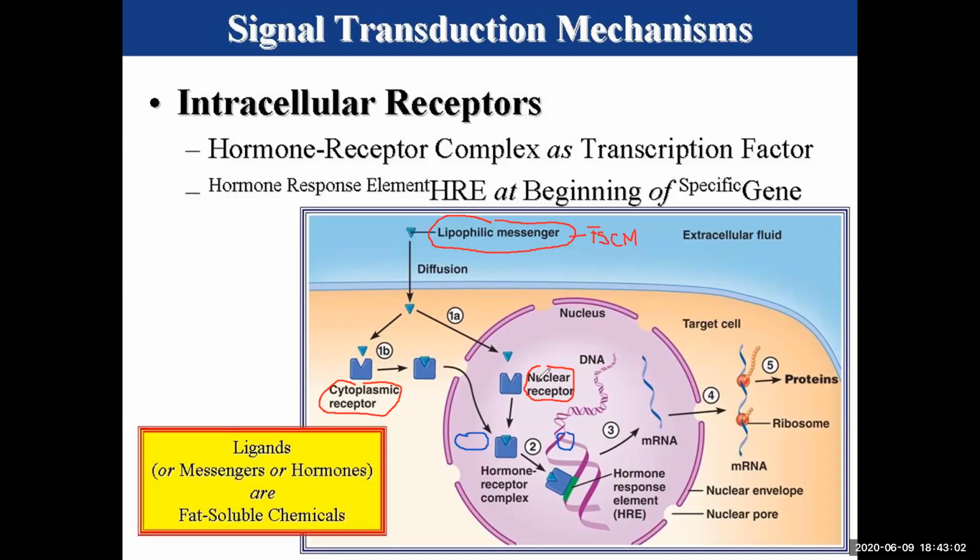So they have the receptor, they can bind to the receptor, and together, here, when they have the hormone receptor complex, they become extremely powerful.